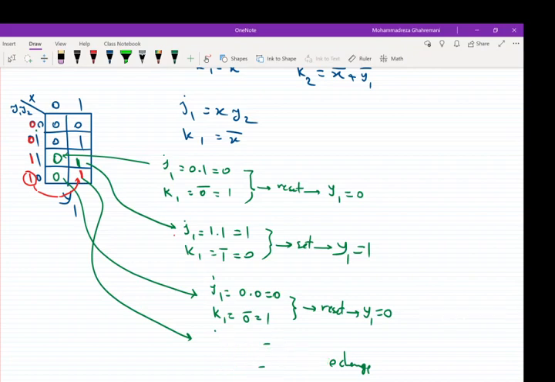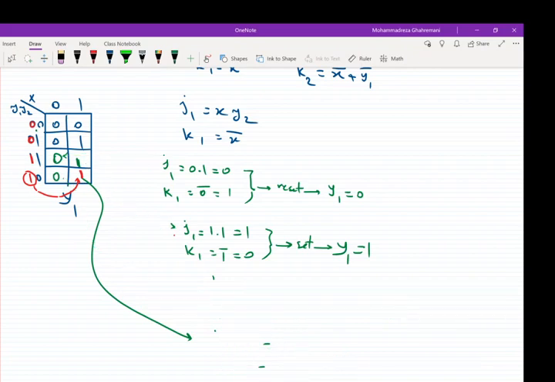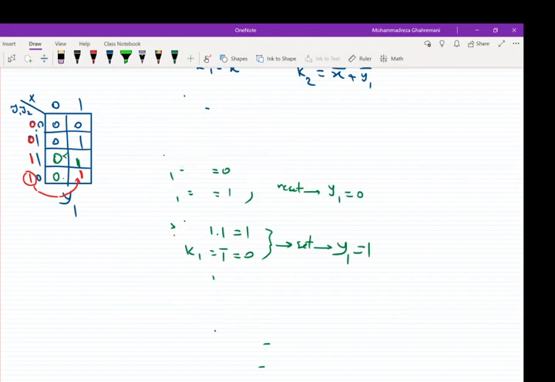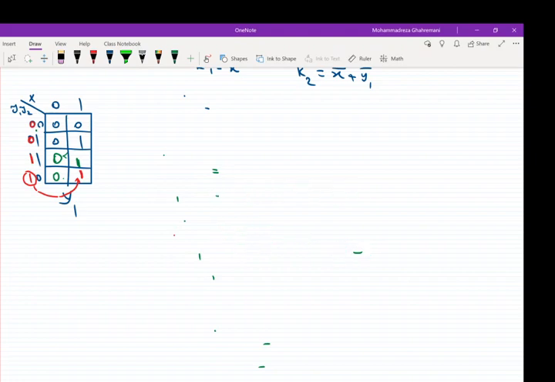So when we reach this point, we are done with flip-flop number 1. We need to erase all these calculations because we need to repeat the same thing for flip-flop number 2. Let me make sure that it is recording.